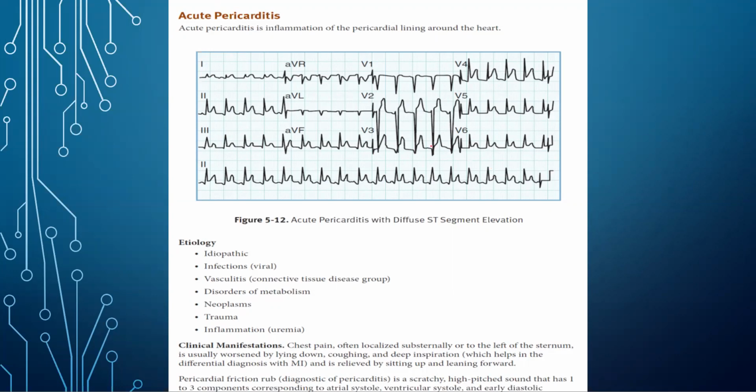What are the other differential diagnoses or causes of pericarditis? It can be any connective tissue disease, could be a metabolic disorder. Most of the time, you should also consider any cancer. Sometimes renal failure, resulting in excessive uric acid or uremia, the waste product can get infiltrated in the pericardium, causing uremic pericarditis.